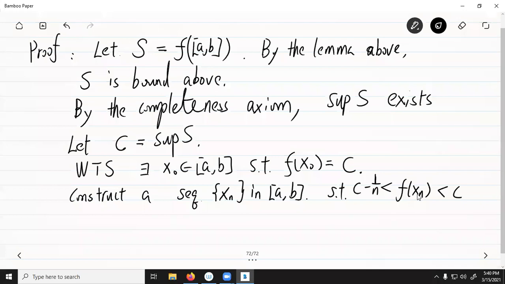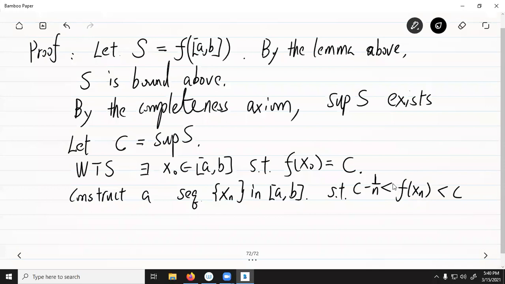The same thing, N equals 2. C minus 1/2 would not be an upper bound anymore, right? So you must have another X such that F of X is greater than C minus 1/2. We denote that X to be X2. Now you continue this way, X3, X4, and Xn.